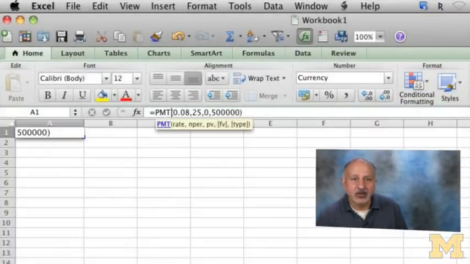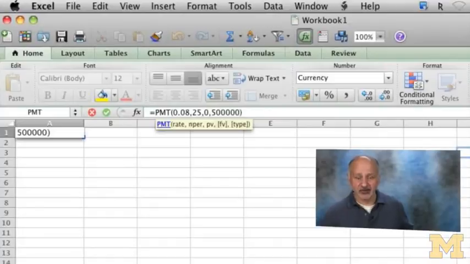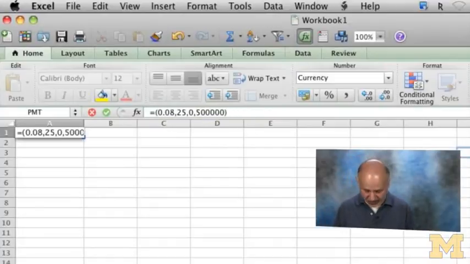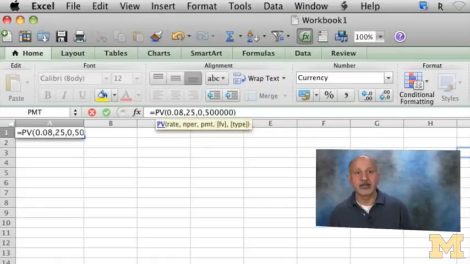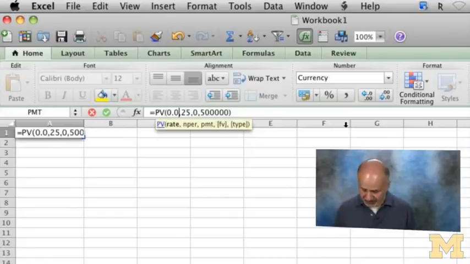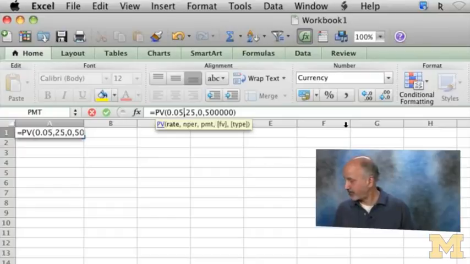Okay, so I'm going to go to Excel, and the good news is the previous problem is already there. So I do not want to do a PMT first because I already know PMT, but I want to do now what? PV, right? Interest rate is now not 8%, but it's 5%. How many years left? I believe in our problem that we were looking at, let me confirm what it is.